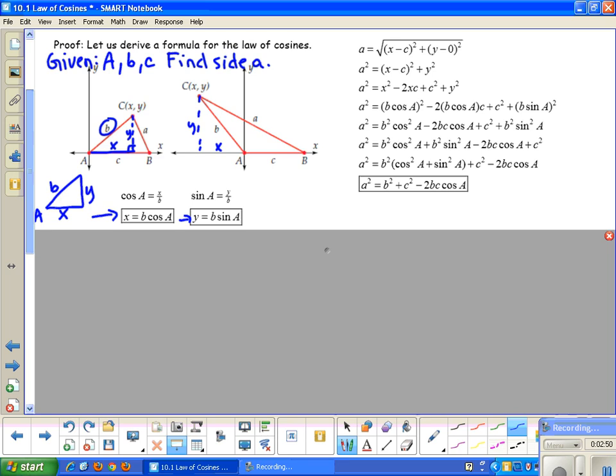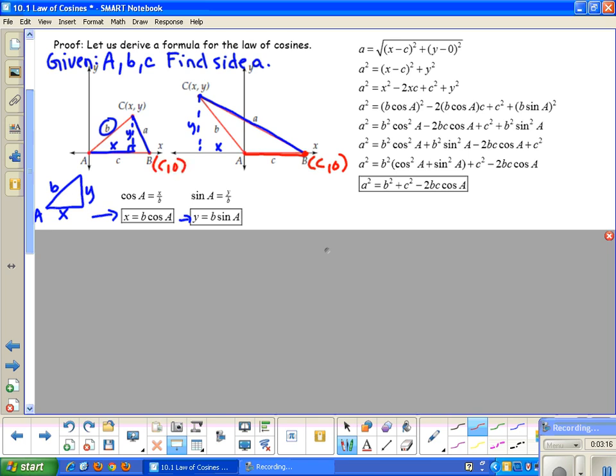But what we do know is we can use the distance formula when you subtract the two points. So if I want to find this length here, which is side a, I know that C is the point (x, y). Then I also know that this point right here is really a length of c, comma, height of 0. So I can use this as (c, 0).